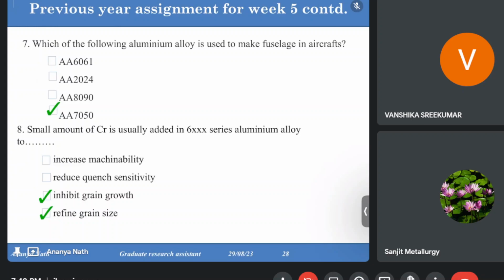When 7050 is used to make the fuselage of the aircraft, it may have the T6 condition to have the peak hardness. But at the same time, this 7050 is used in an optomechanical component where it needs to sustain very high frequency movement and also rigidity. There we make it with T7 condition, or vice versa.